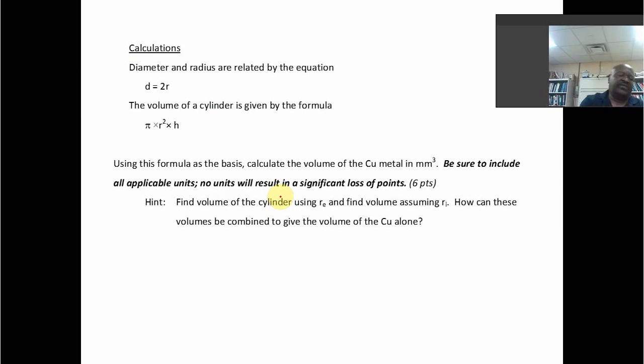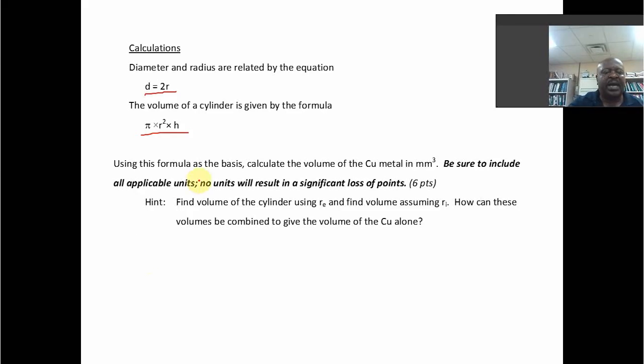So here's what you have in your lab notebook. At least it appears something like that. First of all, you recognize that you're measuring the diameter, so you've got to find the radius. And once you find the radius, the formula for volume is pi r squared. So we're going to find the external volume.